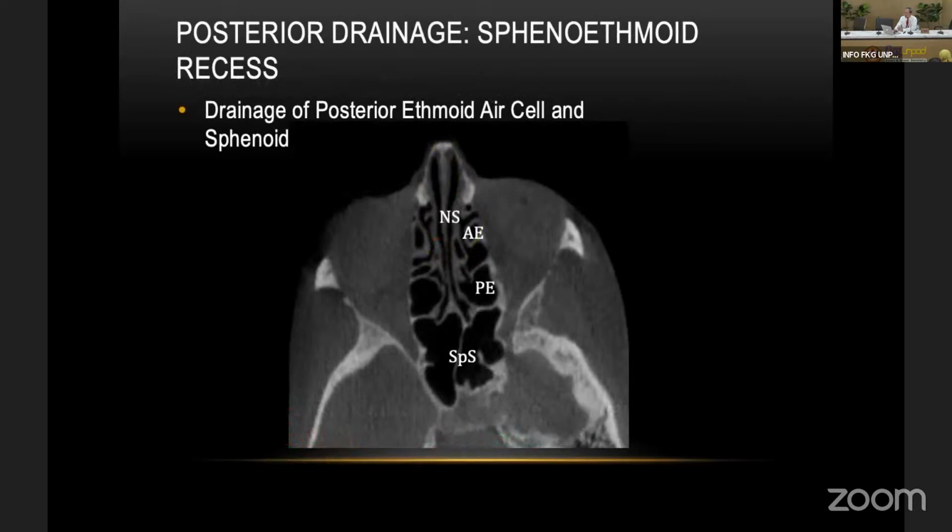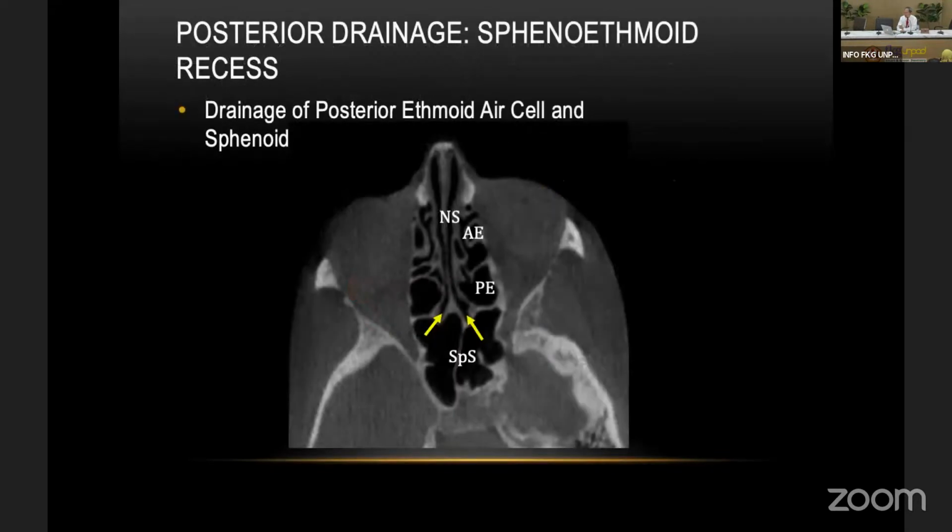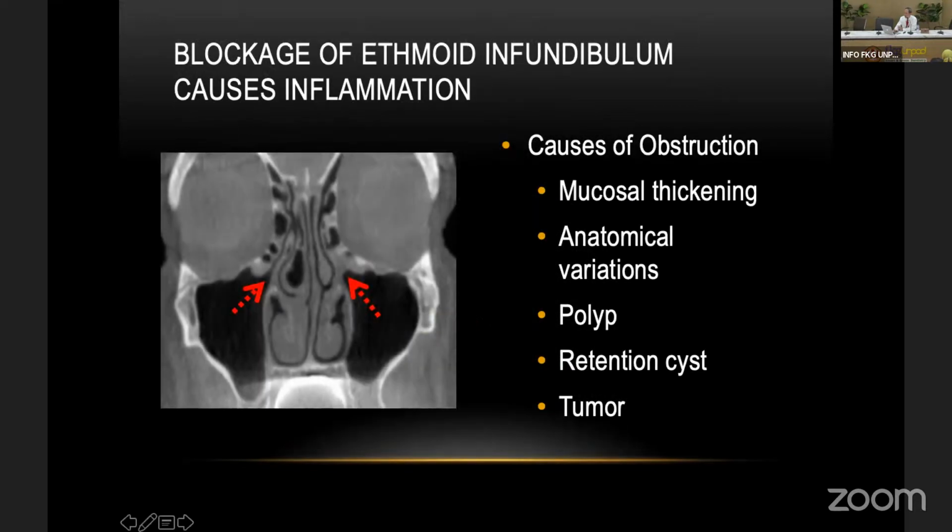Now for the posterior ethmoid sinuses and the sphenoid sinuses, they drain through what we call the sphenoethmoid recess. This recess drains the posterior ethmoid and the sphenoid sinus.